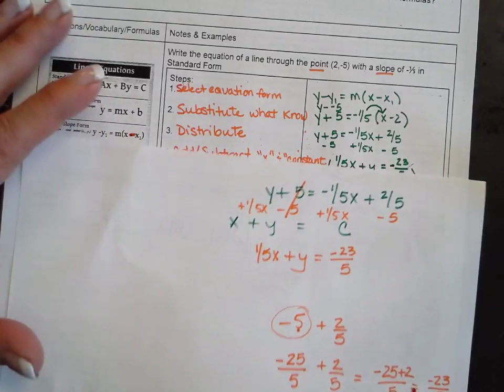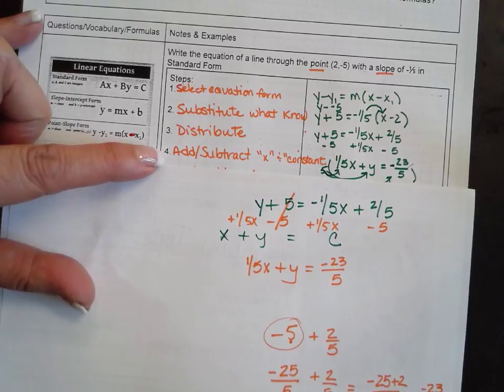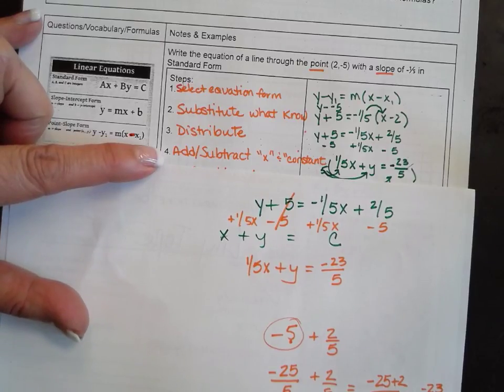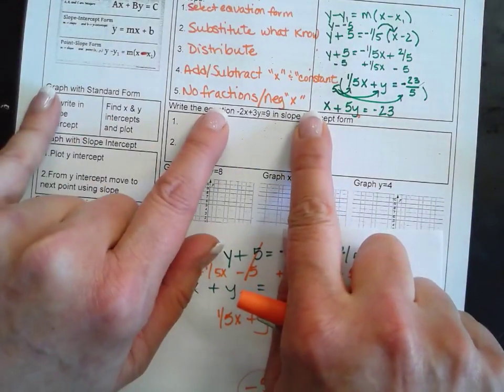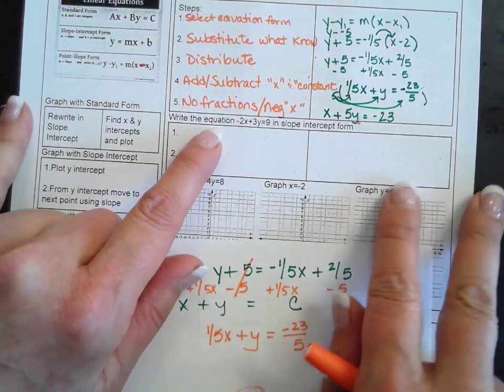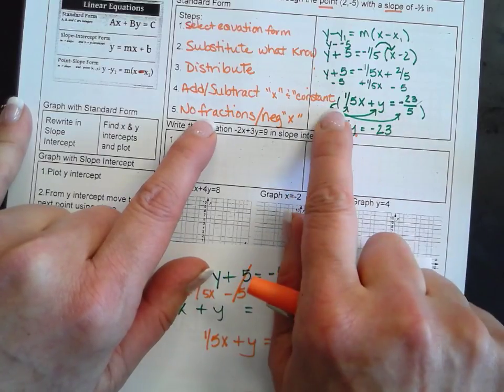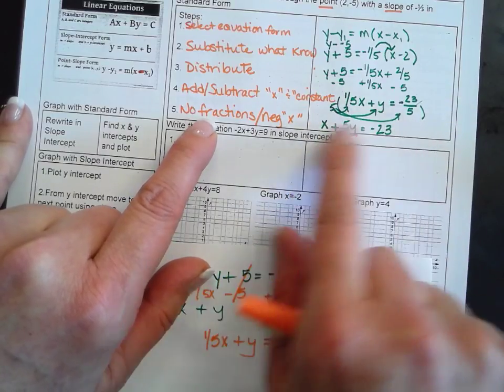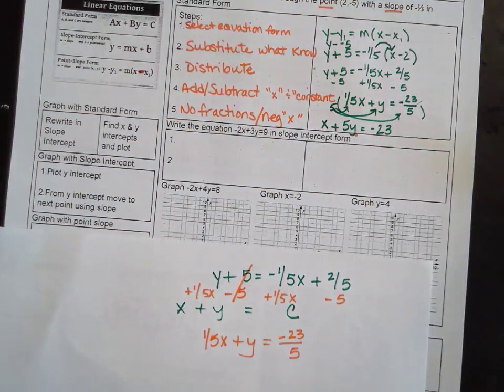Okay, so are we better on the distributing or number 4 now? Is everybody with me? Yeah. Okay, then is everybody with me on 5 where I took the 5 because that was my denominator, and I distributed to each one so that I got rid of all my fractions and stuff. Good? Better? Okay, good.